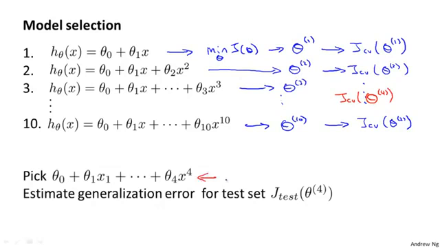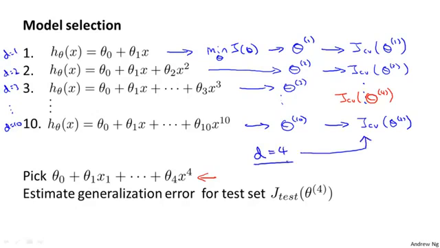And finally, what this means is that the parameter d, remember d was the degree of polynomial, so d equals 2, d equals 3, up to d equals 10, we've fit that parameter d and set d equals 4, and we did so using the cross-validation set.